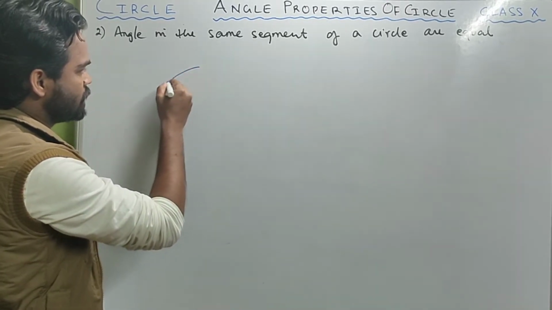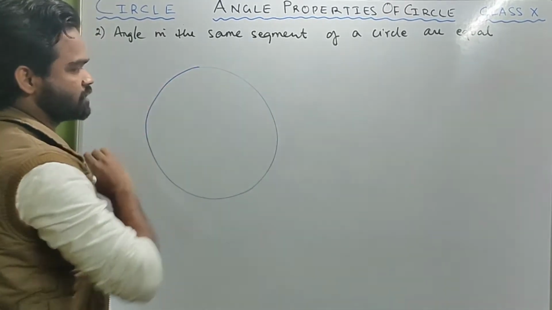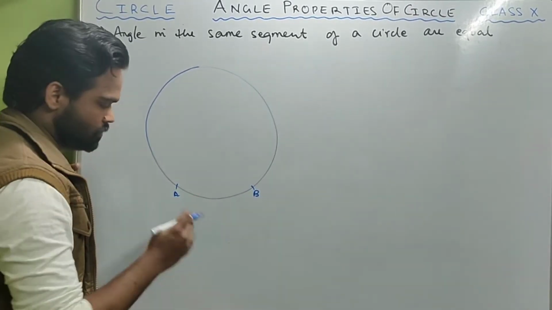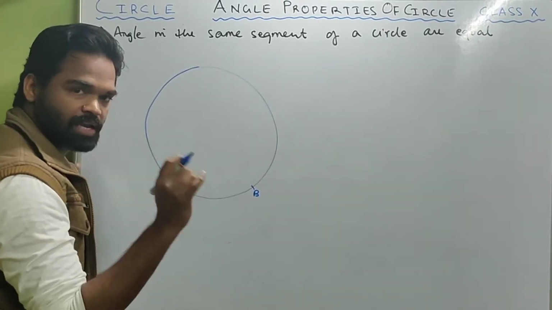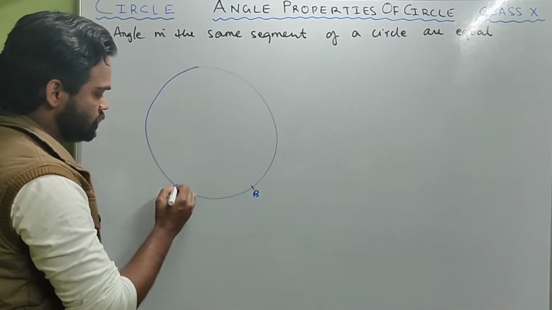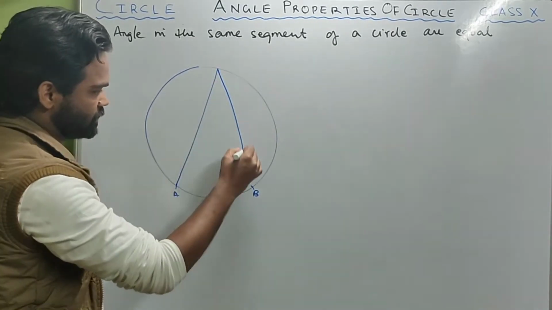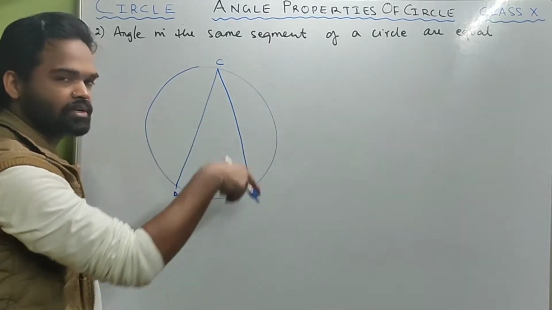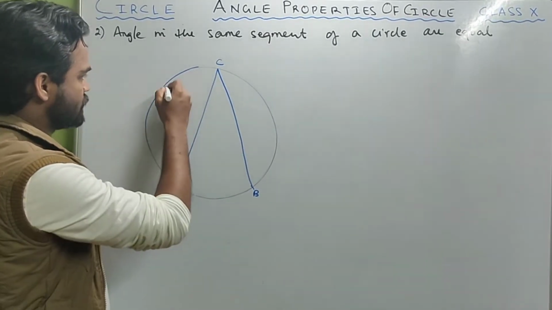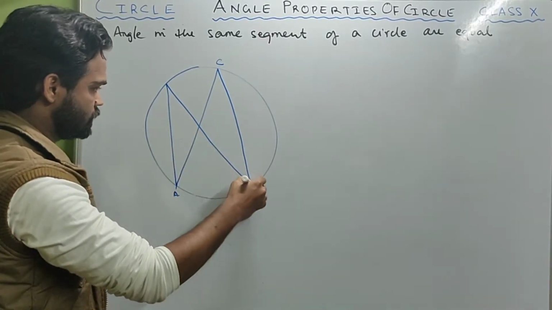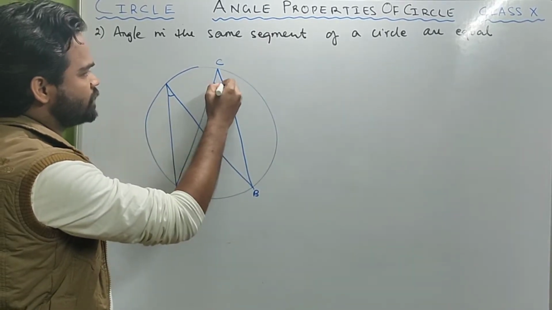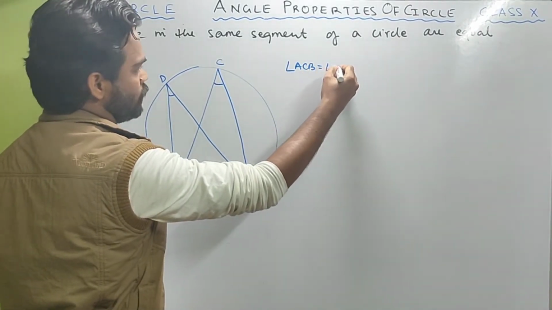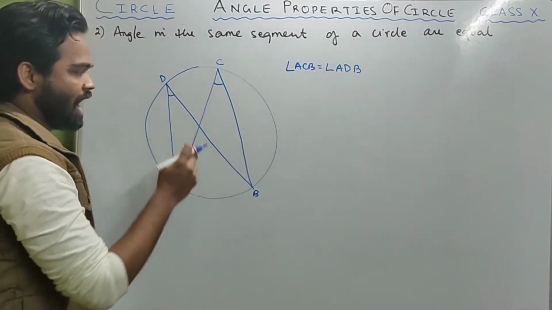Which means if I have a circle and I take an arc AB, with this arc, if I draw an angle at the circumference, suppose ACB, and on the same arc, if I draw another angle on the circumference at a different place, suppose D, then angle ACB will be equal to ADB. That's the theorem. Angle in the same segment.